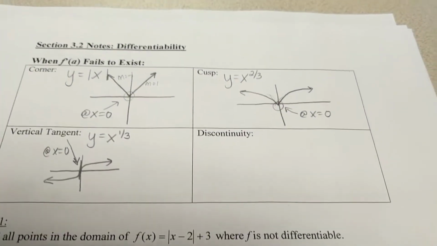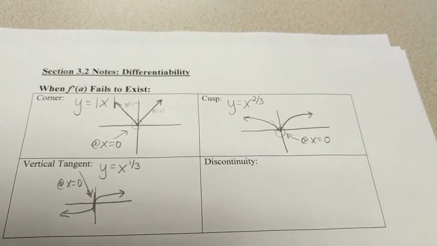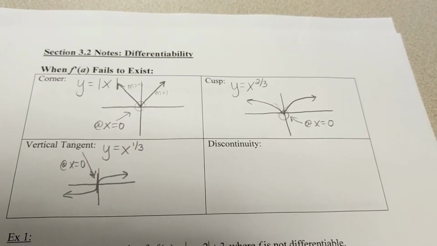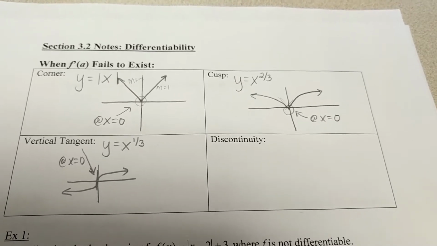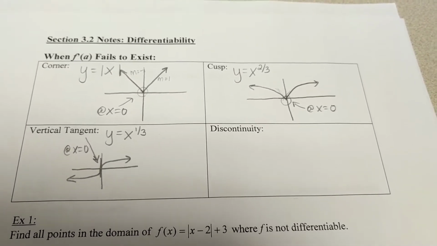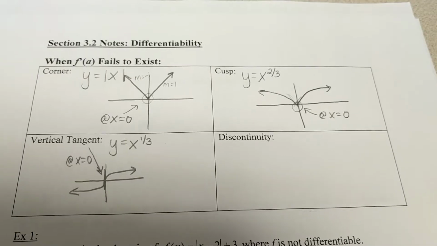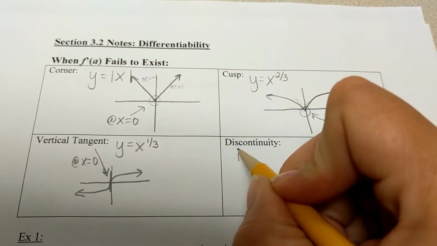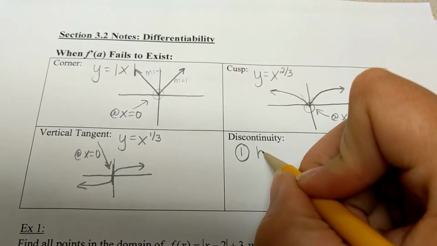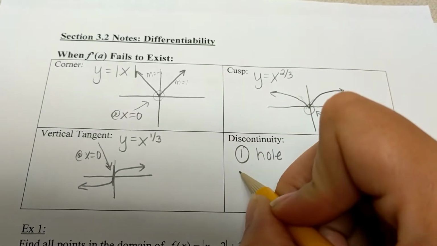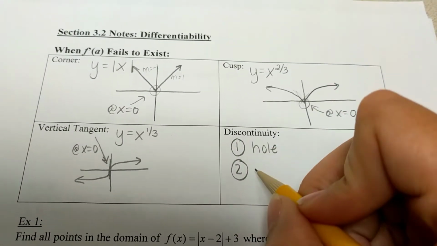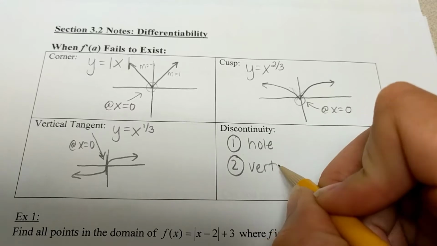And then the last one is a discontinuity. Now back from chapter 2, we learned the 4 different types of discontinuities. So here I'm just going to list each one of those. The first type of discontinuity was a hole, or removable. The second one was a vertical asymptote.